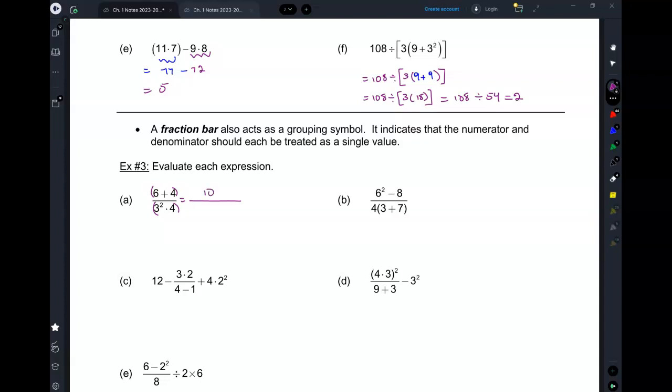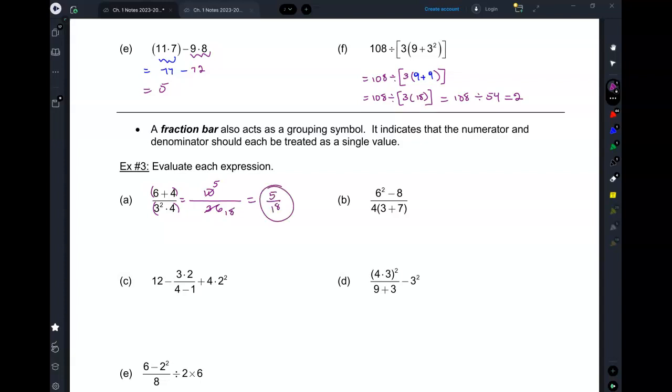And then on the bottom, 3 squared is what? 9 times 4, 36. Okay, can we leave the answer like this? Oh no. We have to divide both by 2. So this becomes 5, this becomes 18, and that will be your final answer.